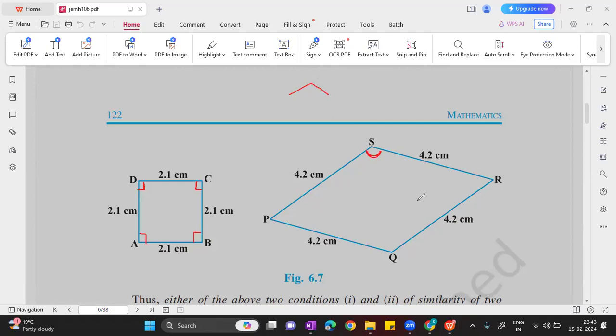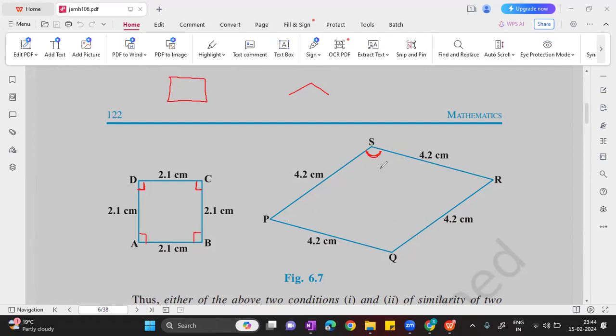Yes, this is not 90 degrees, that is very clear because it is a parallelogram, right? Or you can say a rhombus also, maybe. So in a rhombus or in a parallelogram, Manya, the angles are never 90 degrees. Because if a parallelogram has exactly 90 degrees, then that would become a rectangle. But is this a rectangle? This is not a rectangle.